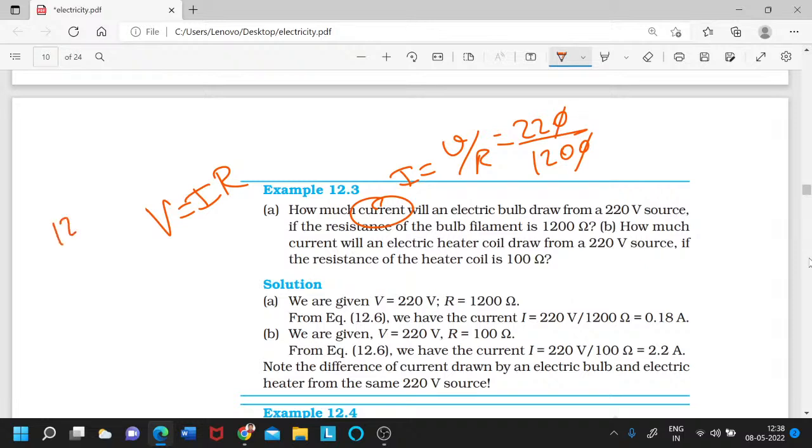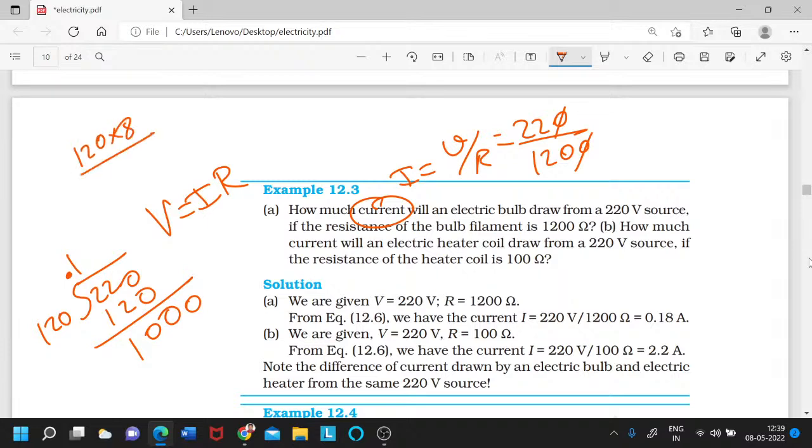It is a normal calculation only. So we get 960, so 0.18. 0.18 ampere.